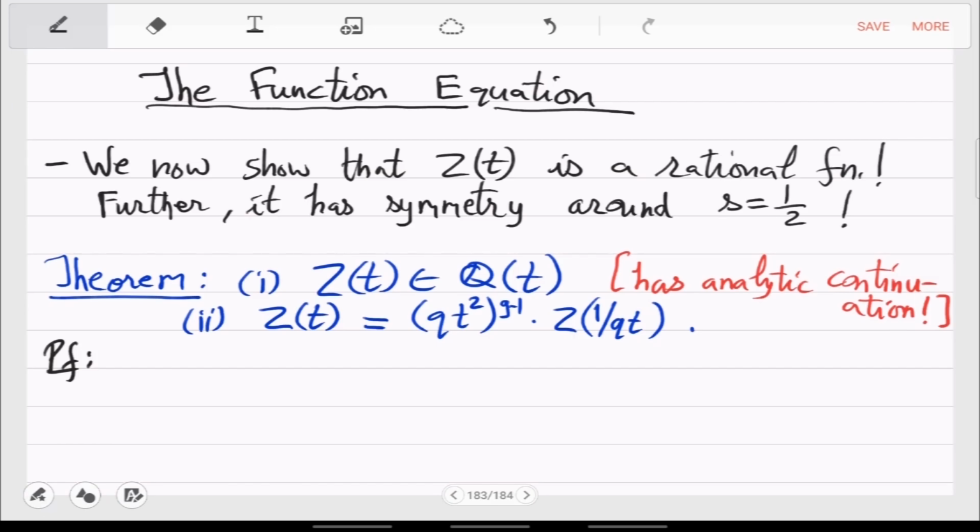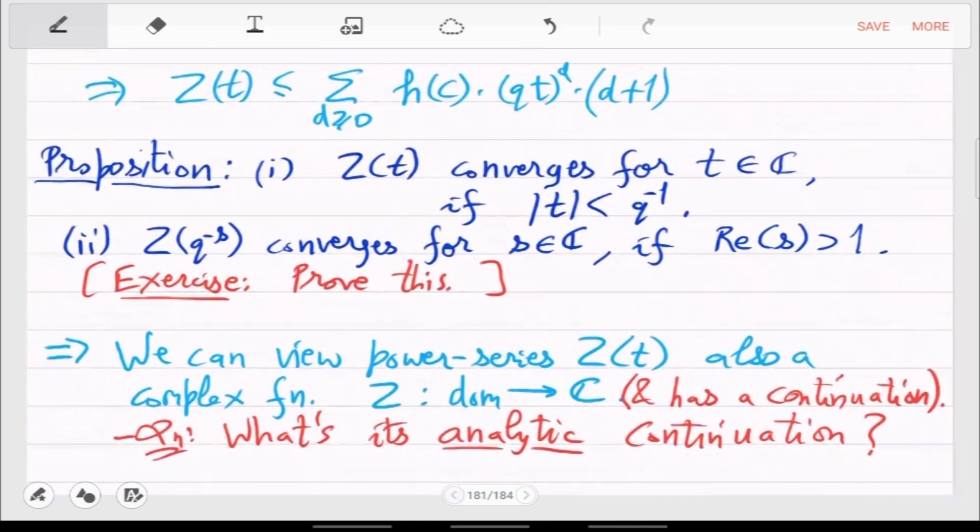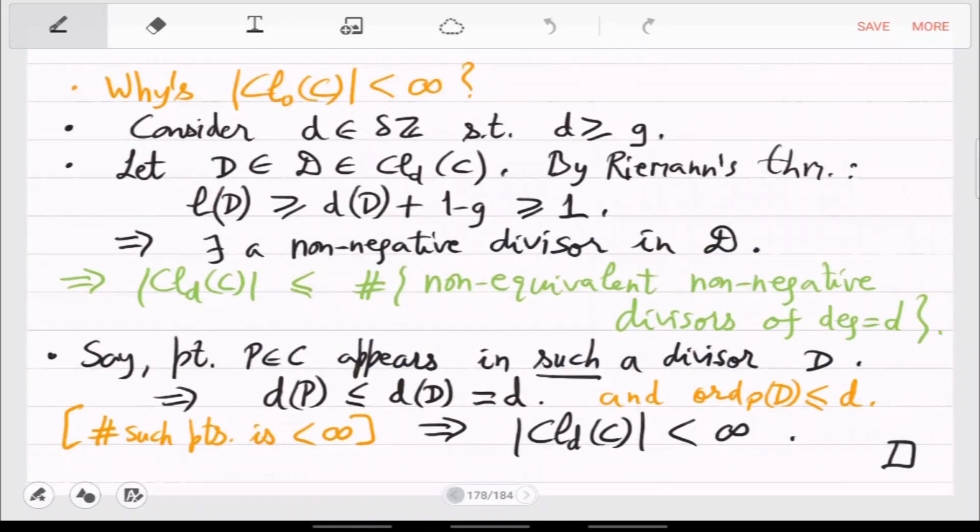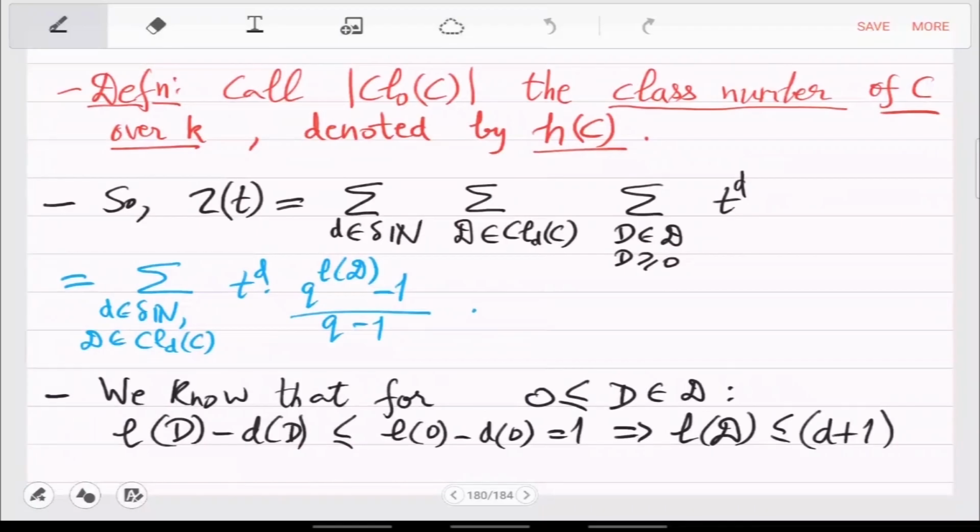So, yeah, from the previous, not proposition, but this place where somewhere we had the expression, this blue expression. Yeah, let's recall this expression.